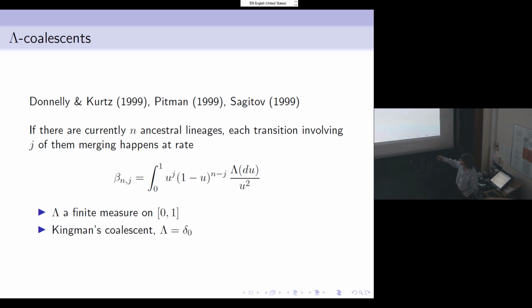And then (1 minus u) to the n minus j integrated against delta 0, well, that means u is 0, so that gives me 1. So for each pair of lineages, I've got rate 1. If j is bigger than 2, so if j is 3, say, then u to the j minus u squared is going to leave me with a positive power of u, and when I integrate against delta 0, I get 0. So I'll never see multiple mergers.